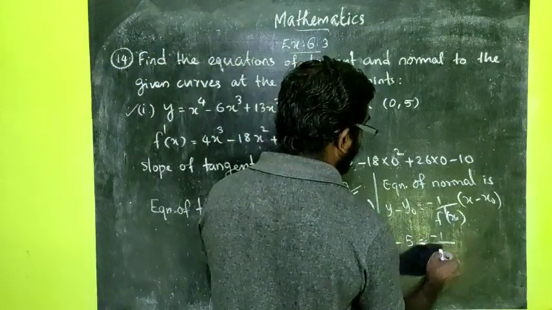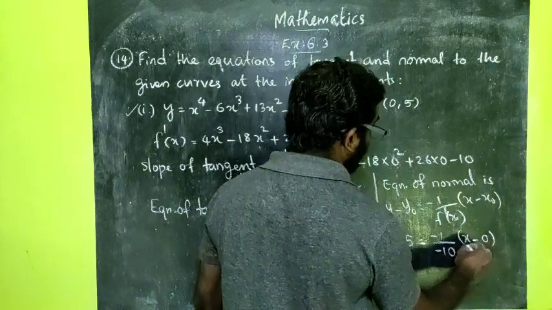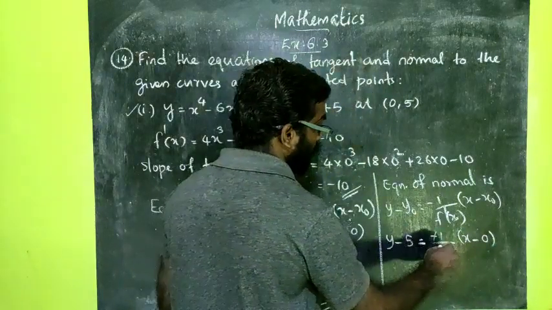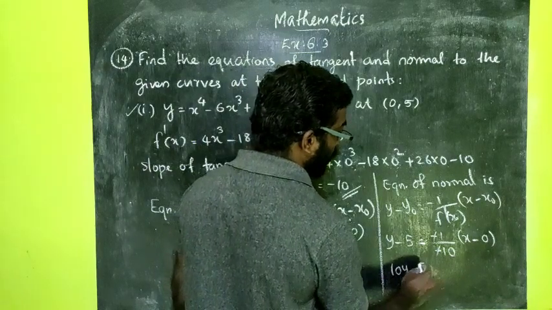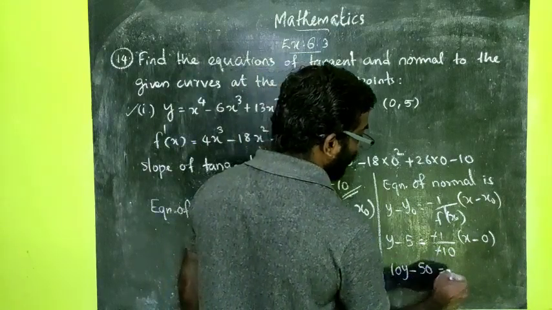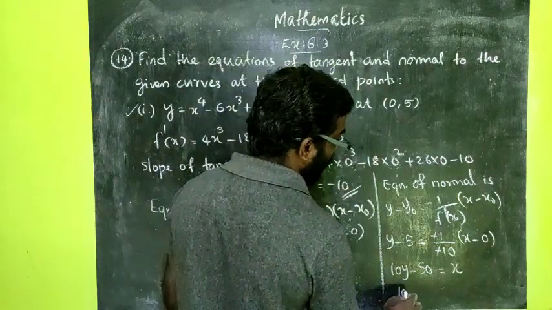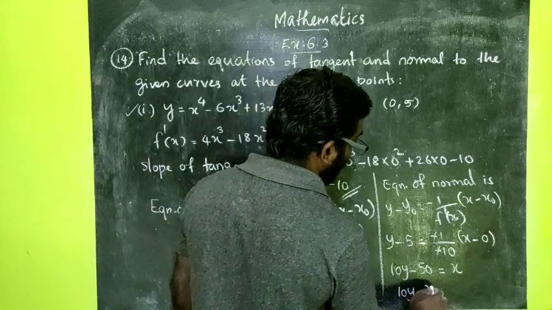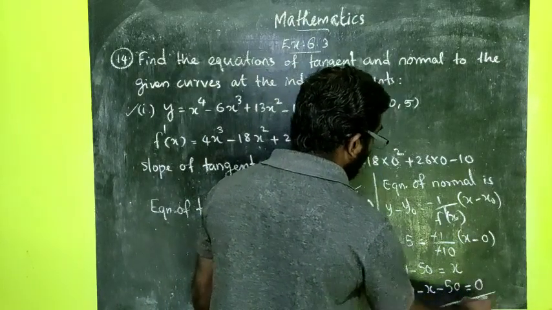So minus 1 by minus 10 into x minus x0, which is 0. Minus and minus we can cancel. This 10 we can cross multiply. 10y minus 50 is equal to x. Or we can write 10y minus x minus 50 is equal to 0.